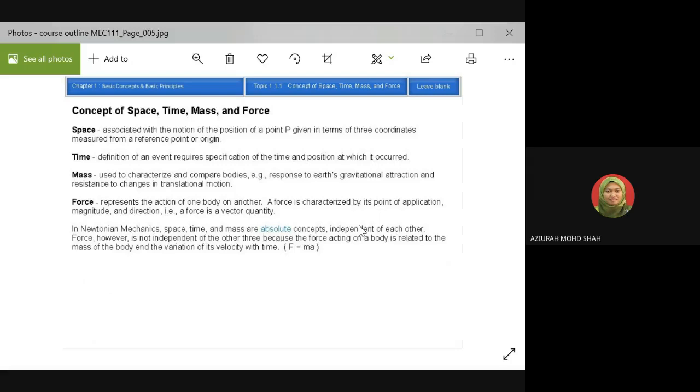Kadang-kadang force tu dia tidak bagi secara visual. They give you in terms of sentence. You have to imagine kat mana force tu duduk. Kadang-kadang soalan begitu. So you need to know what is point of application. Okay, magnitude, direction, force. Jangan confuse, nanti confuse.